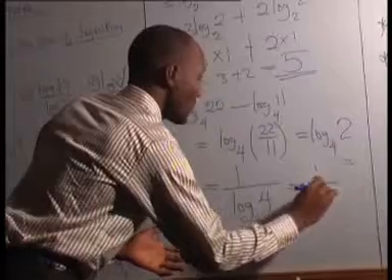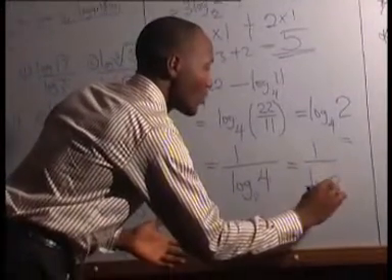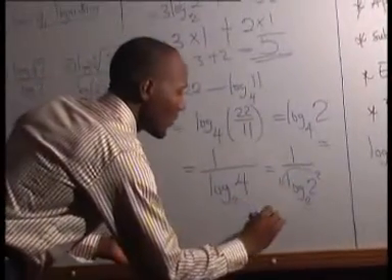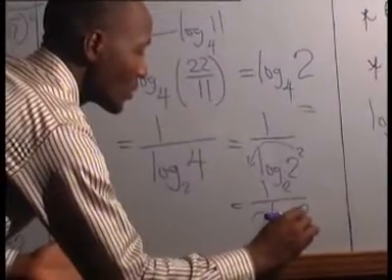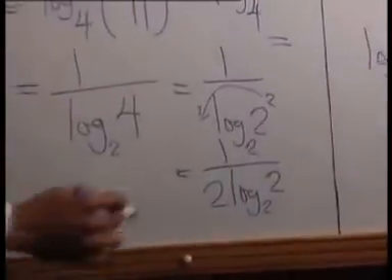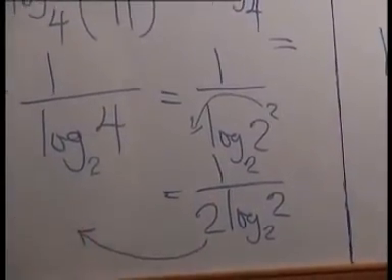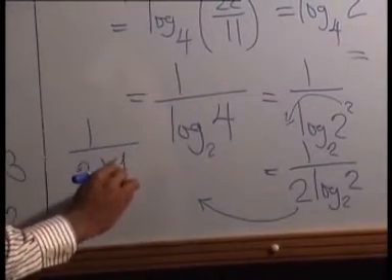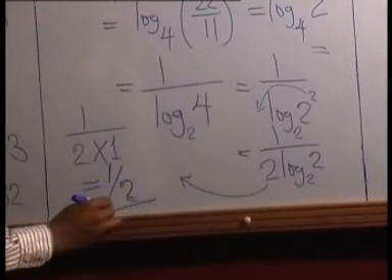So this is like 1 over the logarithm of 2 squared. You have a 2 here. This 2 is going to come here. So you have 1 over 2 log 2 base 2. Hope you know that this one is already 1. Yes. Fine. So you're going to have 1 over 2 times 1. So the final answer is what? Half.